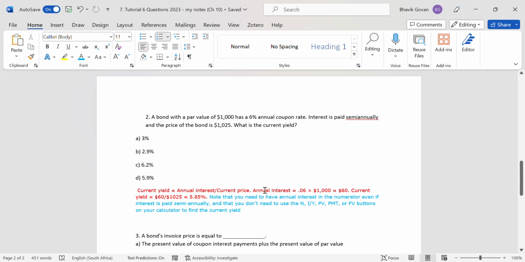So the annual interest will be your 6%, which is your coupon rate, times 1,000. That's how you get your $60. And they already give us the price of the bond, so you don't have to compute that. So it'll just be 60 over 1,025, and that's how you get 5.85. So your answer is D.